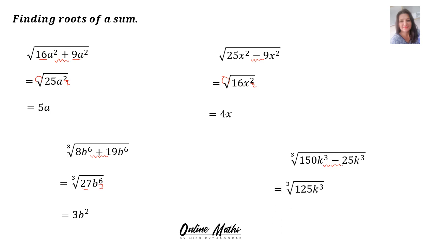So you write them as a unit because they are like terms. You can say they simplify to 125k to the 3. And now you can say the cube root of 125 is 5, and for the cube root of k to the 3, you take that little 3 and divide the exponent by 3. So the answer is 5k.